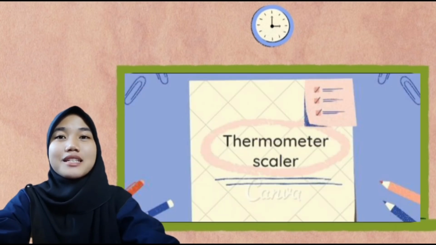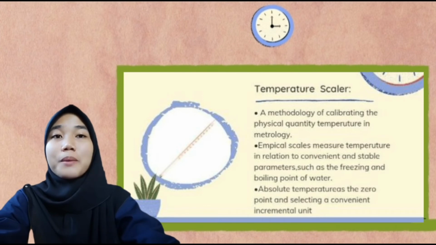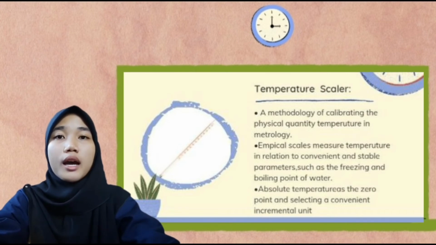Next, temperature scales. A temperature scale is a methodology of calibrating the physical quantity temperature in metrology. An empirical scale measures temperature in relation to convenient stable parameters such as the freezing and boiling point of water.